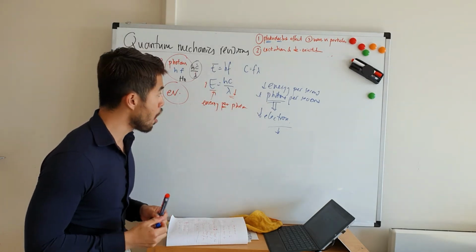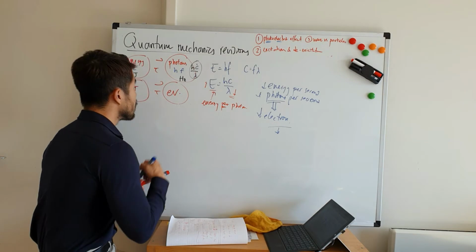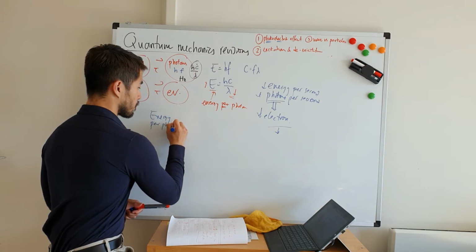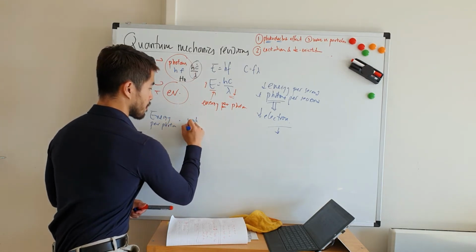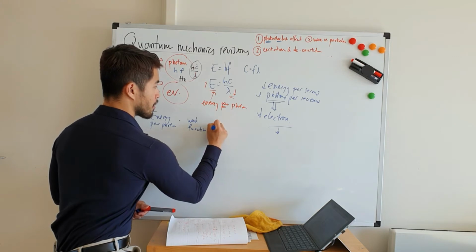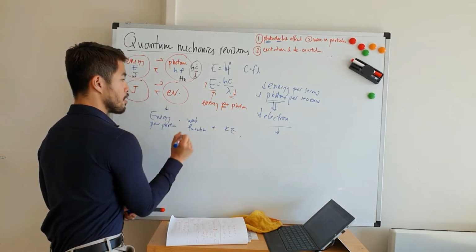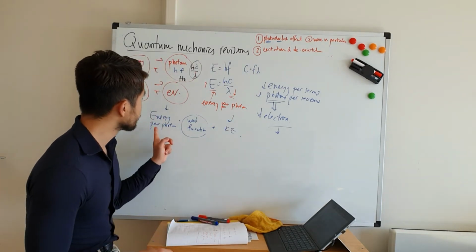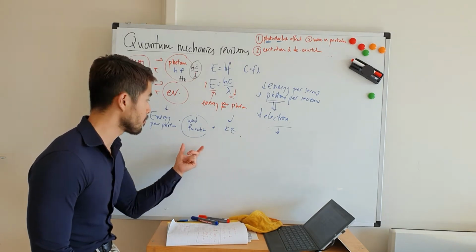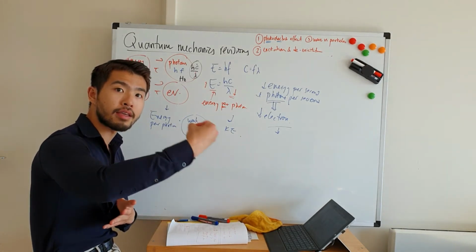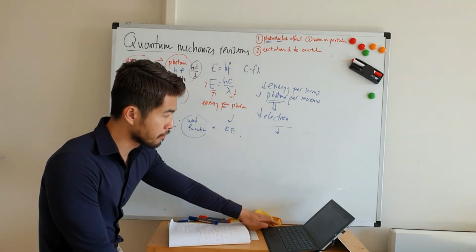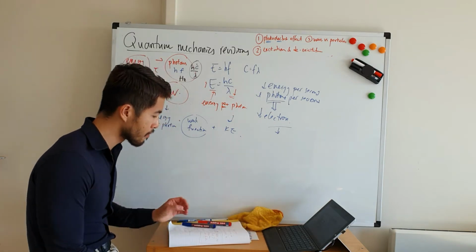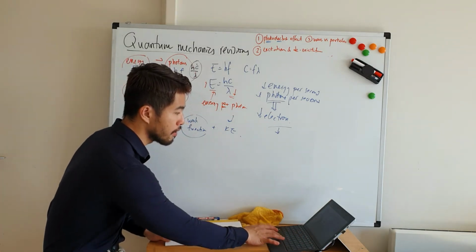Remember our equation? Energy per photon equals work function plus KE. So if the energy per photon changes and the work function is not changing, the KE will change as well. Remember, this does not equal this straight away. Some of this has to be spent getting it out of the electron shells first. All right, so that's question 1. So question 1 is C.